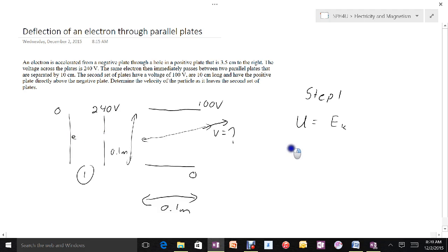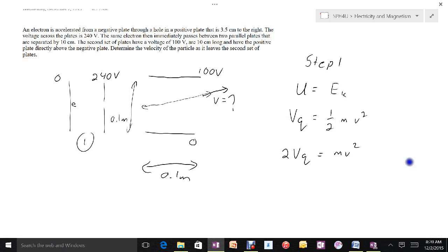The electrical potential can be given by the voltage times the charge, and the kinetic energy is 1/2 mass times the velocity squared. I'll solve this for velocity, so I multiply both sides by 2. And then I will divide both sides by mass. And then I'll square root both sides.